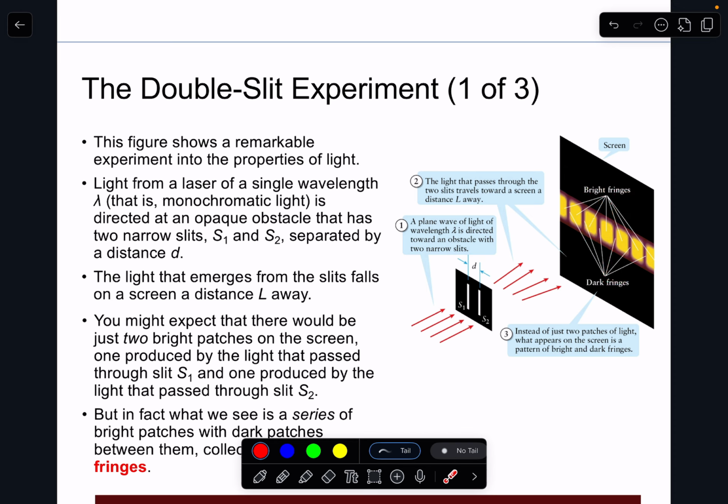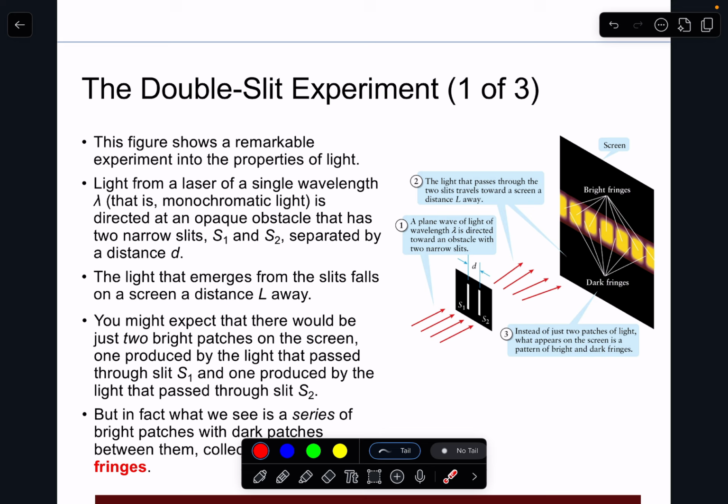What you get is an interference pattern where you have bright regions separated by dark regions. The bright regions represent constructive interference, and the dark regions, or dark fringes, represent destructive interference. So let's look at the geometry and see how we can figure out the constructive and destructive interference conditions.